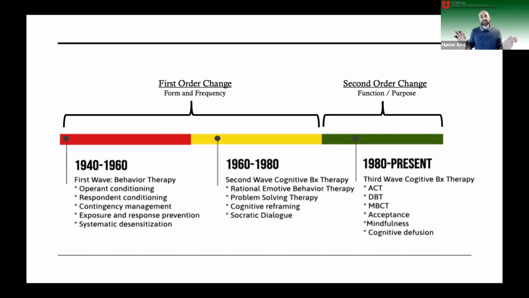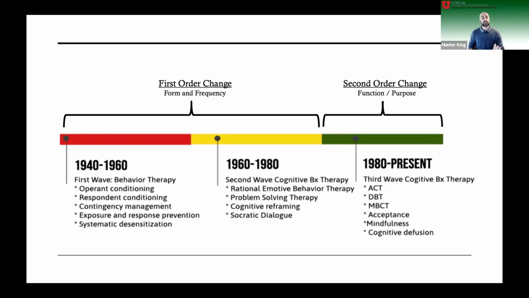Now, the biggest difference here regards these brackets in the top part where you see first order change and second order change. First order or second order change refers to how a therapist conceptualizes and treats a client's concerns.